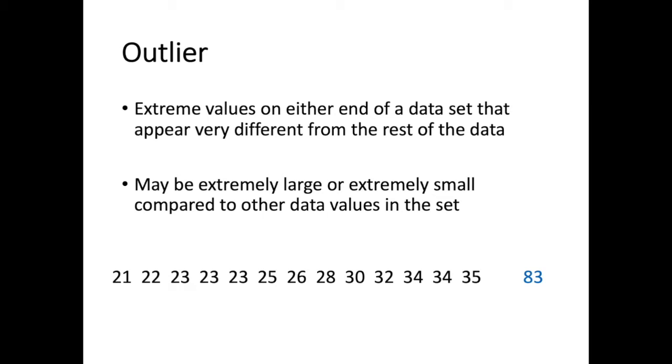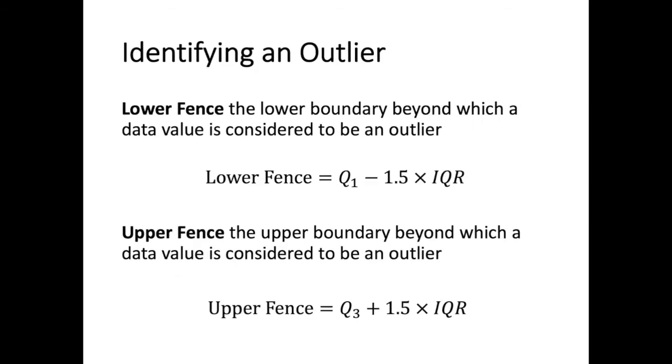So if we are looking for outliers, we can calculate, using the interquartile range and the quartile 1 and quartile 3 values, what our lower fence and upper fence are. These fences are the boundaries we use when we're calculating outliers. After we've done our calculations, if we've got a number smaller than the lower fence, it is going to be an outlier.